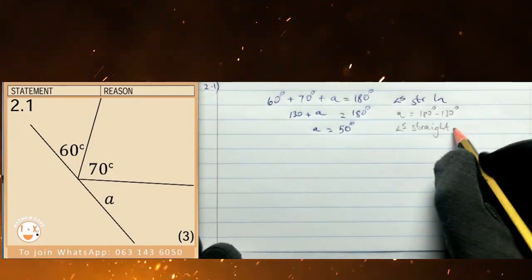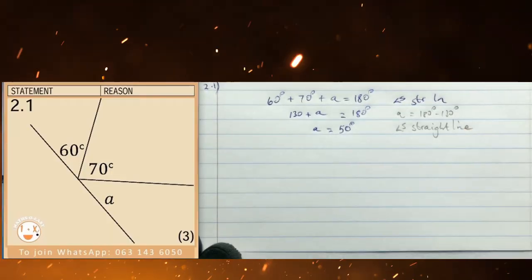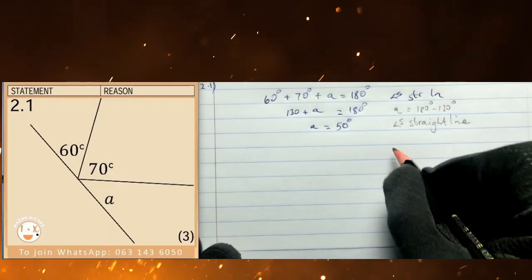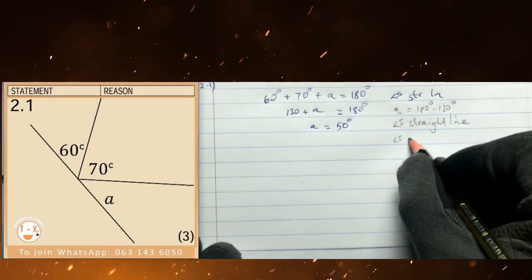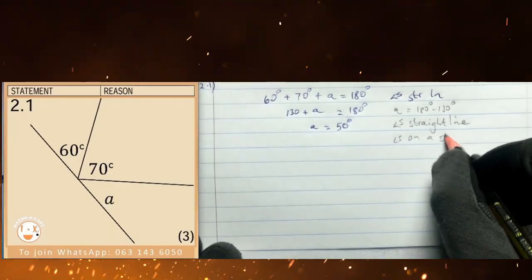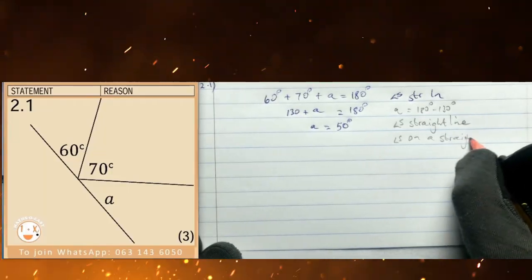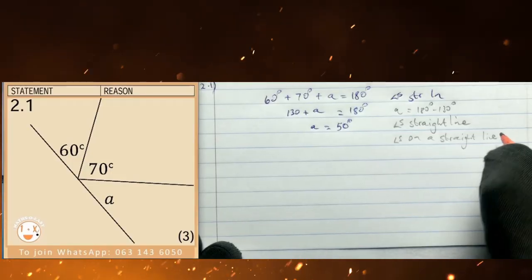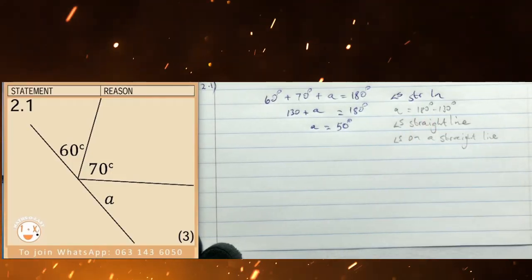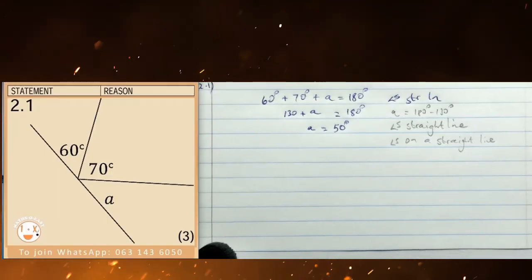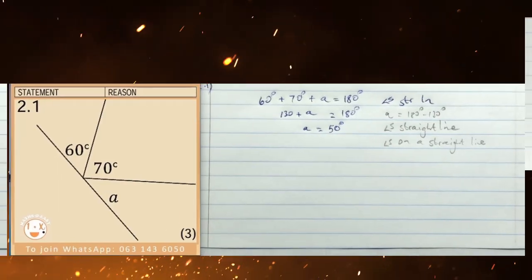Angle, straight line, you can. Nothing wrong with it if you write fast. Angles on a straight line, you can write that as well. Nothing wrong with it if these abbreviations make you dizzy. Okay. Right. Let's see the next one.